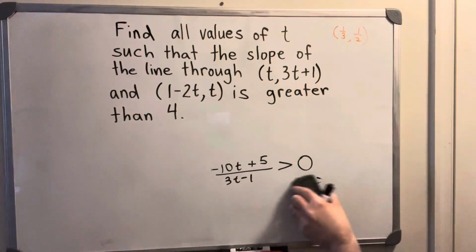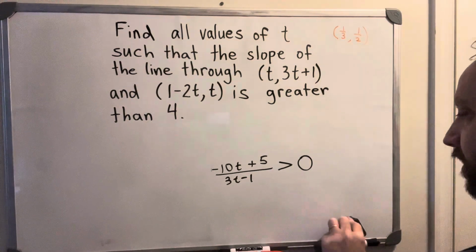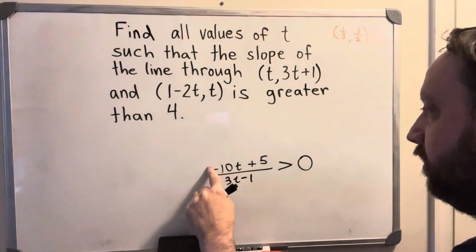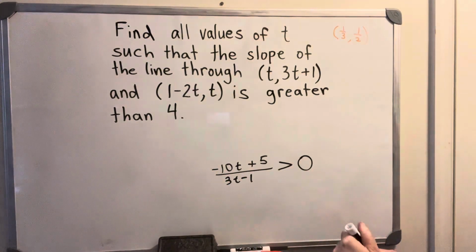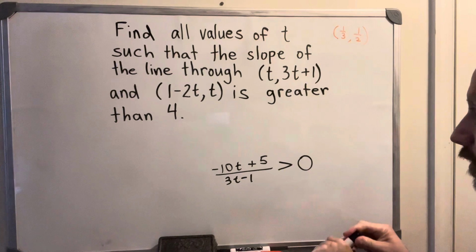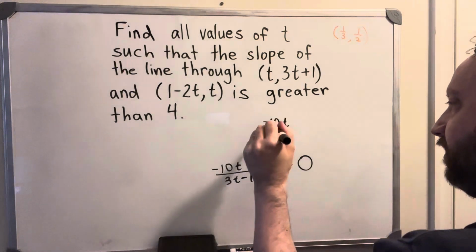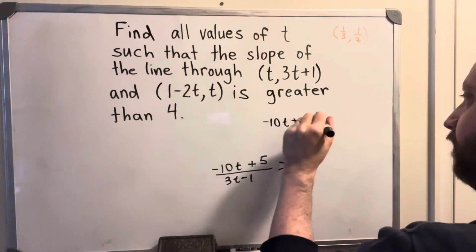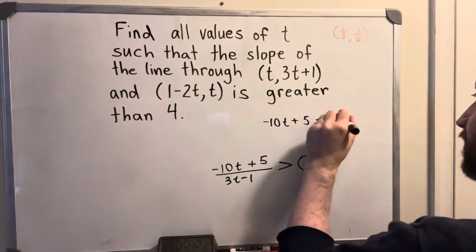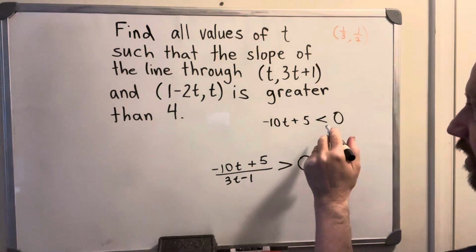So now we're going to try to assume that this numerator is negative. We're going to say negative 10t plus 5 is less than 0.